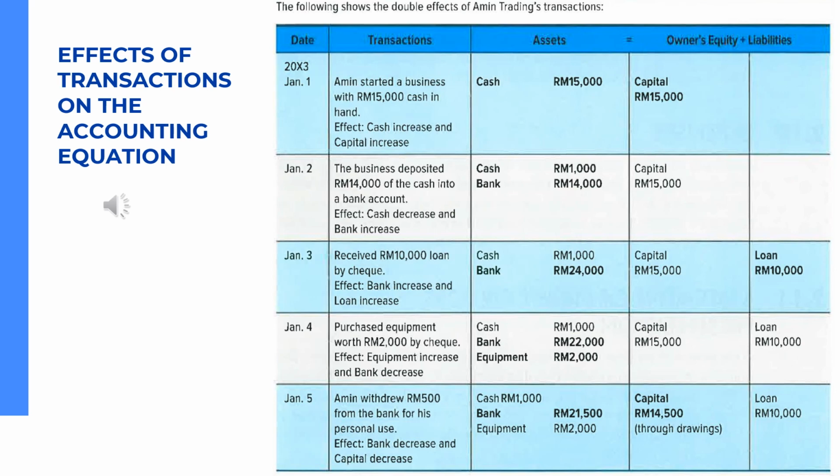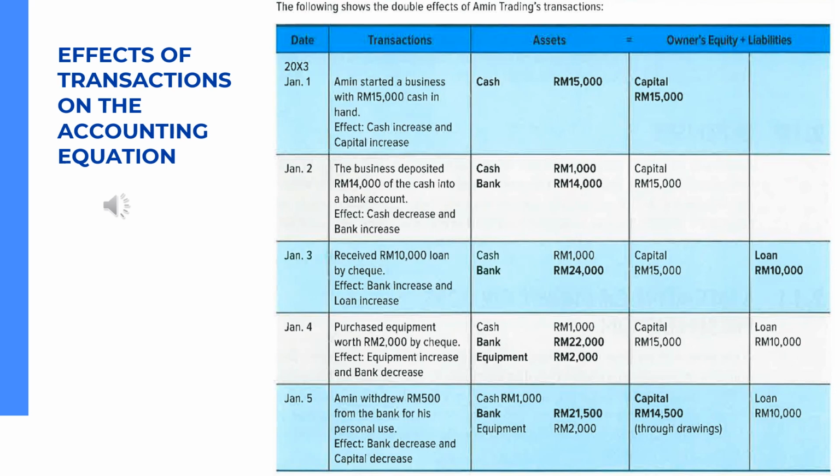Therefore, the effect is an increase in cash of 15,000 and also an increase in capital, as this is the amount of money contributed by the owner of the business. Therefore, the transaction will be debit cash 15,000 and credit capital 15,000.